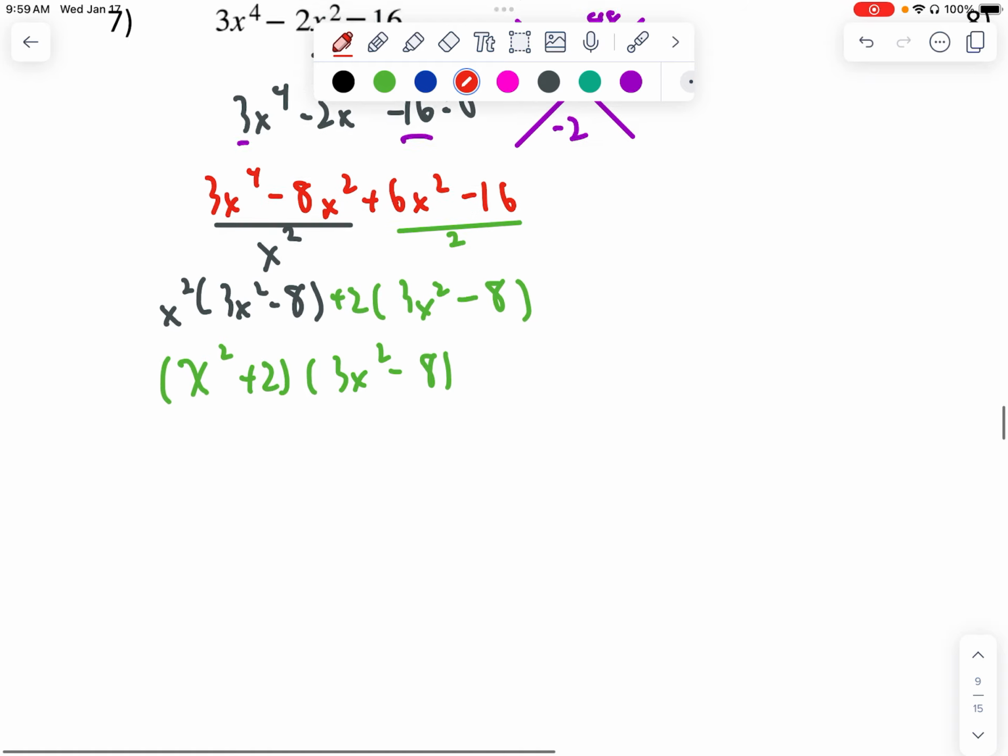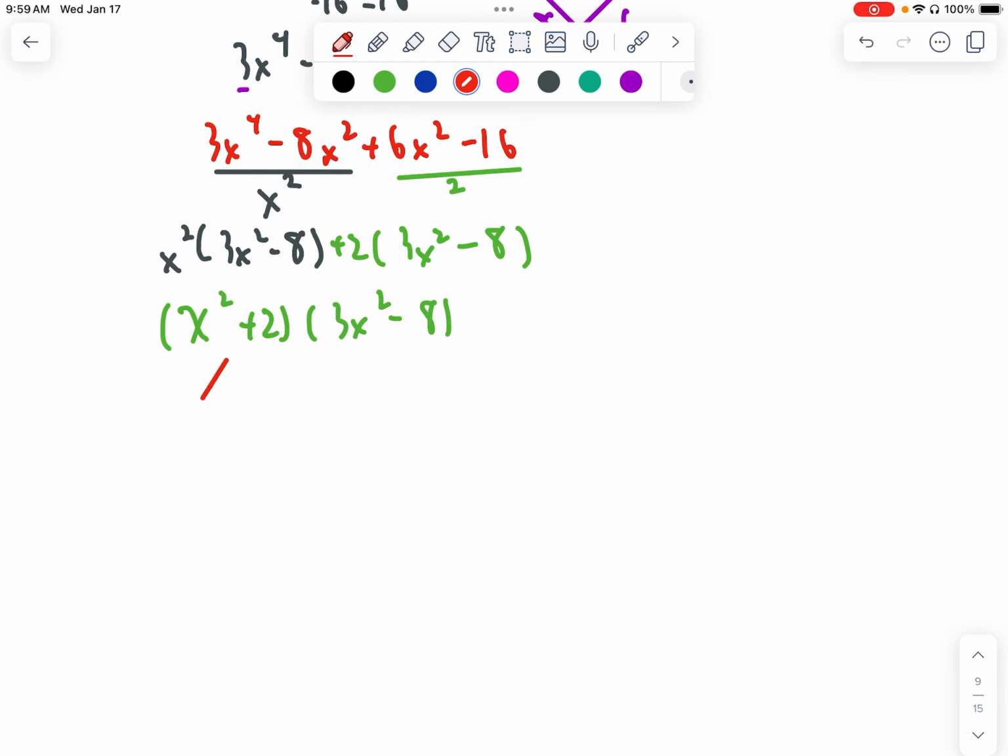Now let's go ahead and set both these equal to 0 to get our final answers. So x squared plus 2 equals 0. We'll subtract 2 on both sides, get x squared equals negative 2. We'll take the square root of both of these to get x equals plus or minus i root 2.